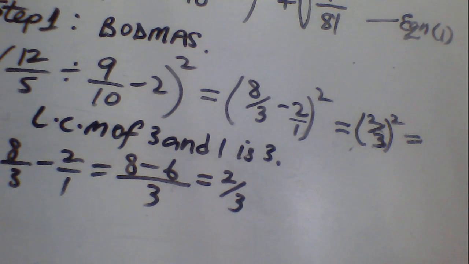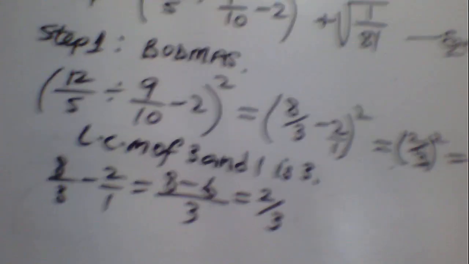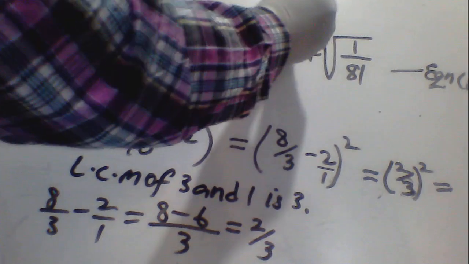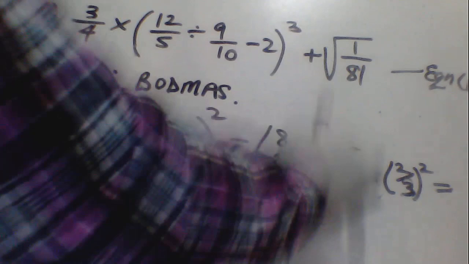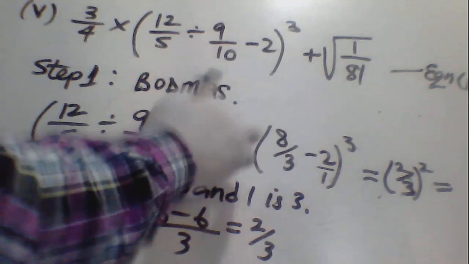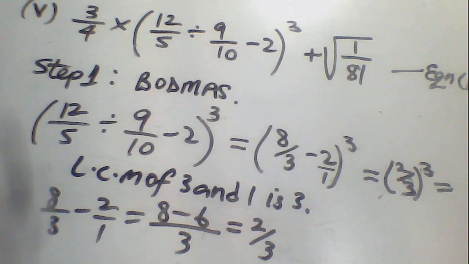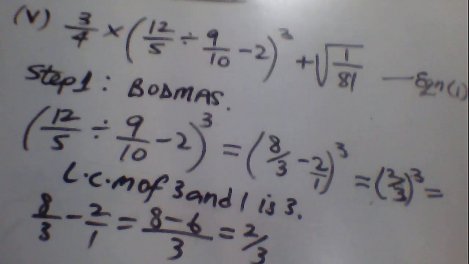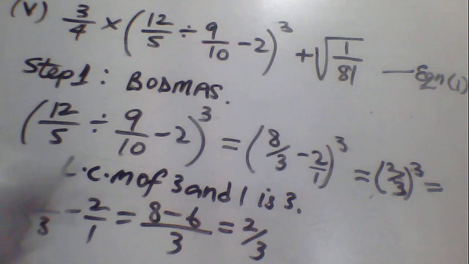Before we proceed, we are still solving the bracket. Sorry, this is 3. If you look at the questions, here is also 3, here will also be 3, here will also be 3. So once we have done with the bracket, let's consider the 3.